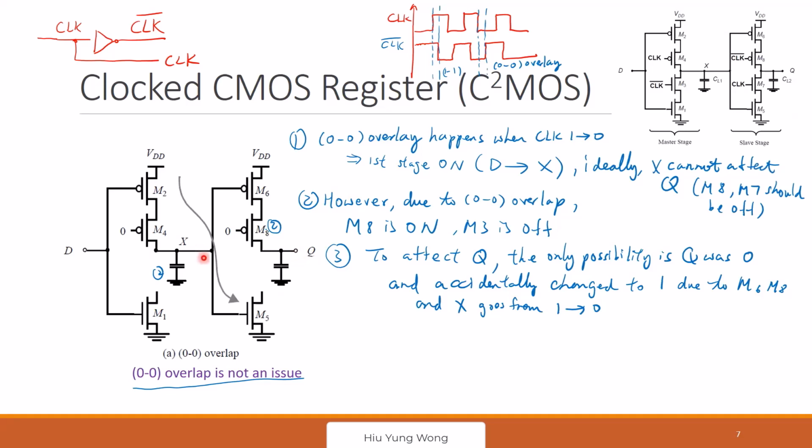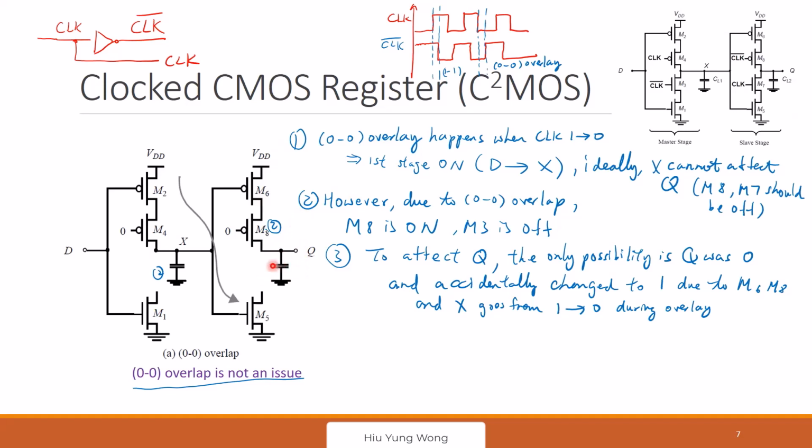And then your X suddenly, during this overlap, I was at 1. And then you suddenly change from 1 to 0. When it goes from 1 to 0, then this is turned on, and then this one is going to charge me, and then Q becomes 1, right?